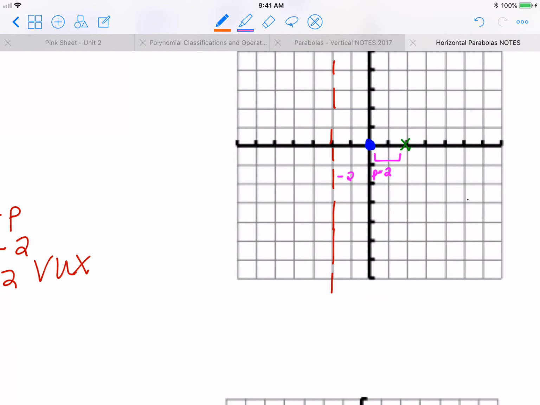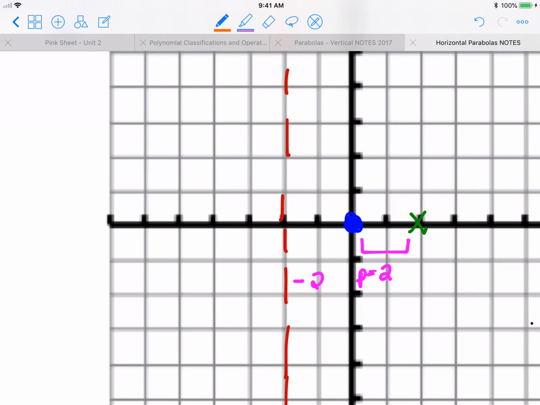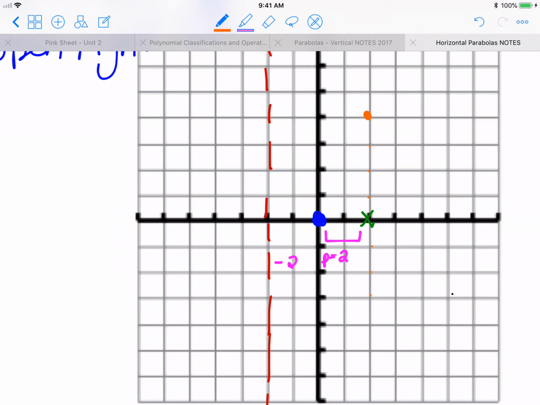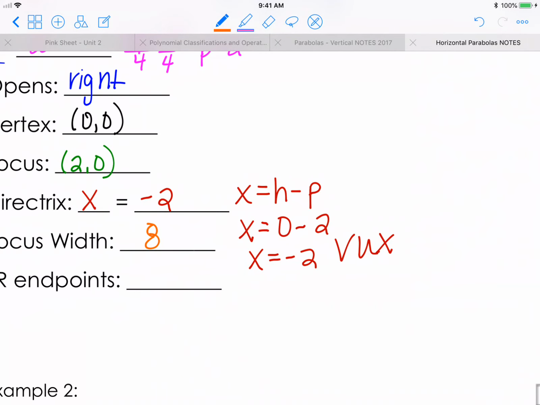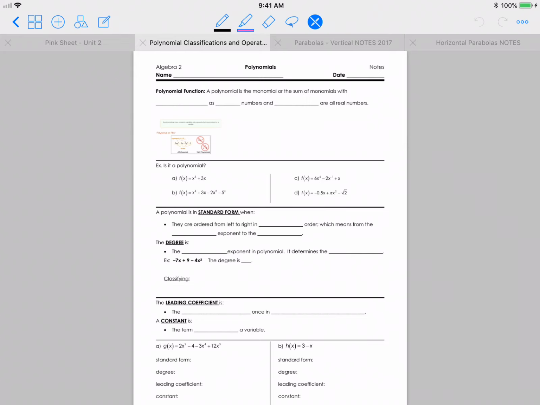So where your focus is, you're going to go up 4 and then go down 4. You're going to get your LR endpoints. So our LR endpoints are 2 comma 4, positive 4, and 2 comma negative 4. It doesn't matter what order you put them in.